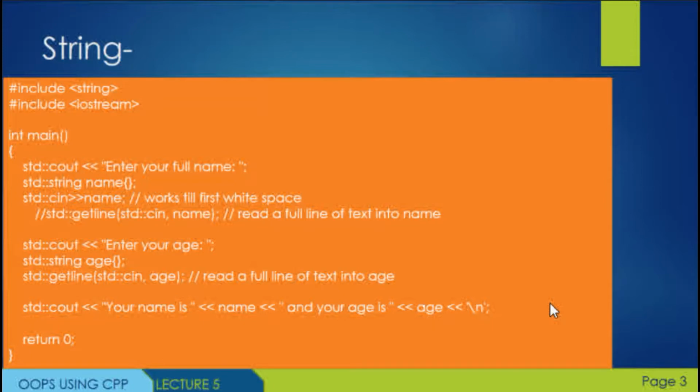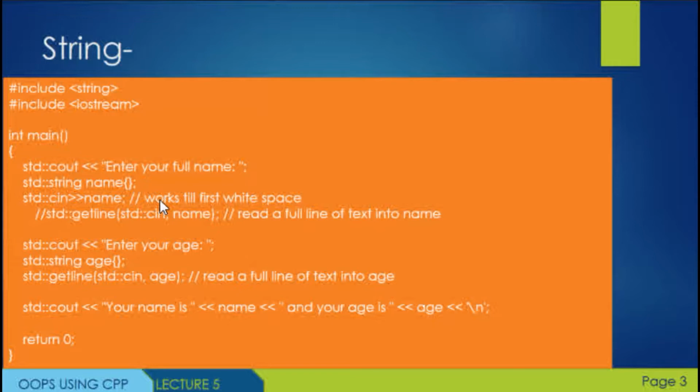Yes, here is a file in which string name has been used. Here we have created a variable called name of string type, and we have used cin to read it. See, if I write the full name, it will ignore the second name, because cin works only till the white space.